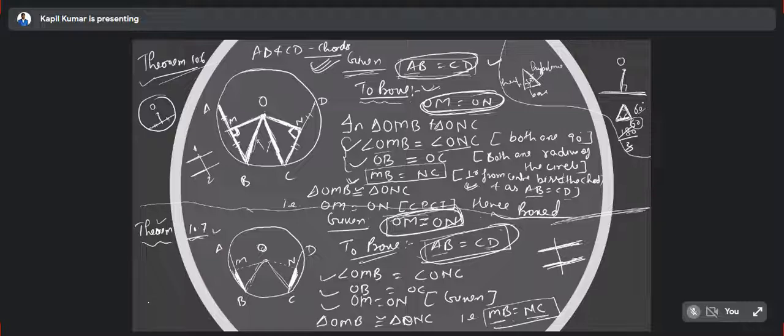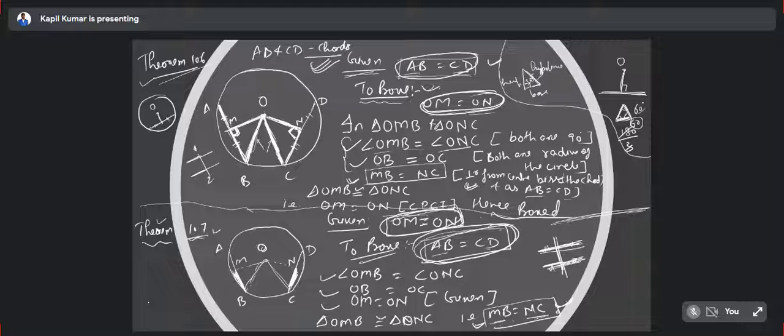If the half distance is equal, the full distance will also be equal, because we are bisecting it, meaning two equal parts. We got from here that MB is equal to NC, and we want to say that AB is equal to CD.